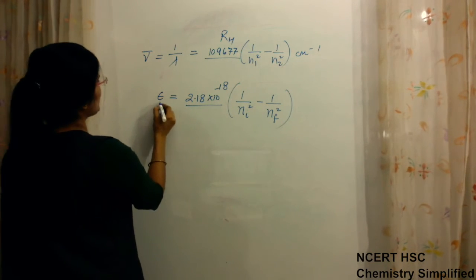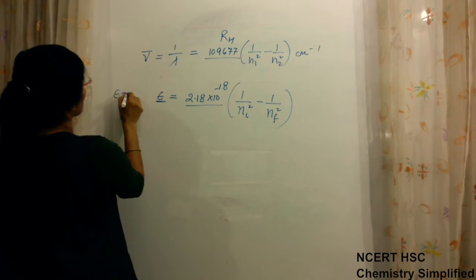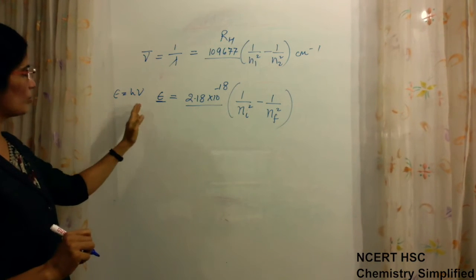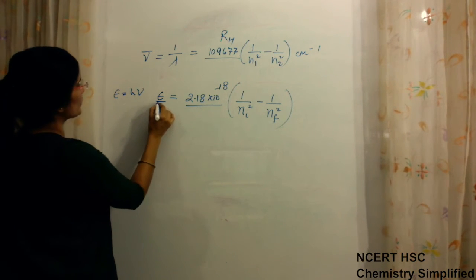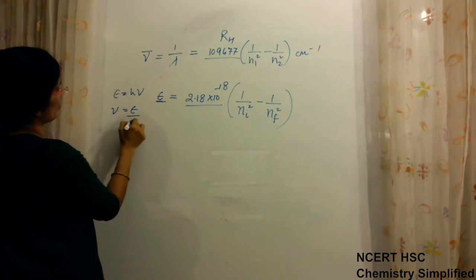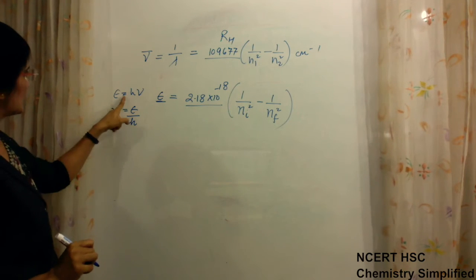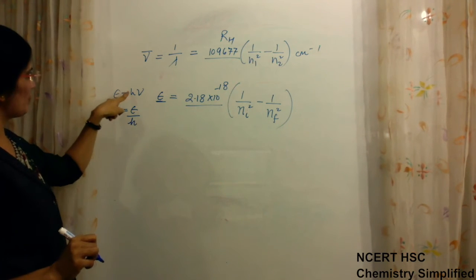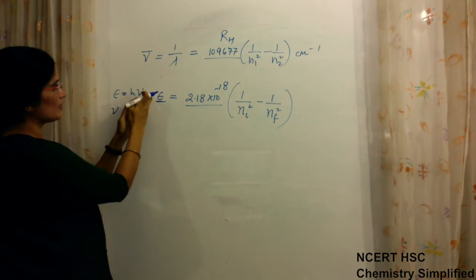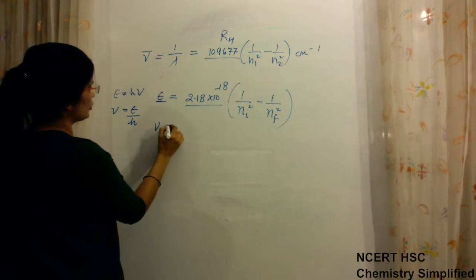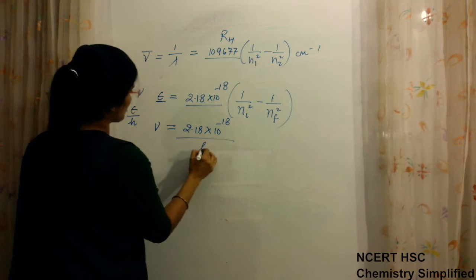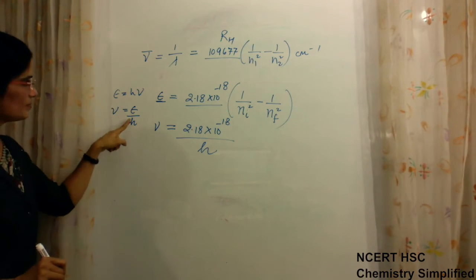Now, we know that E is equal to h nu. If we want to convert this formula in terms of nu, then nu is equal to E upon h. So if I want to convert this energy formula into a frequency formula, I will write frequency is equal to 2.18 into 10 to the power minus 18 divided by h, because what I have done here is E by h.